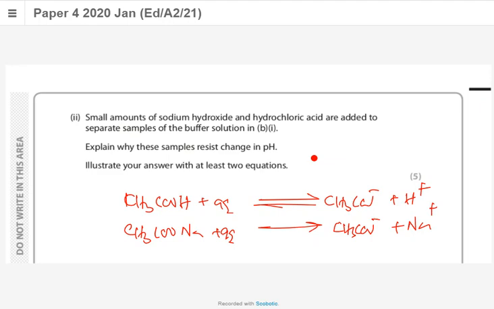Likewise, when alkali or OH- is added, it combines with H+ ions to form water.